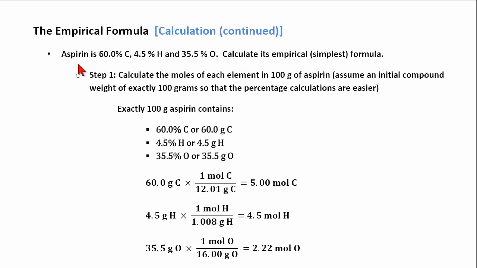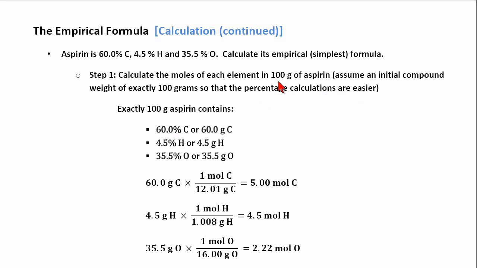Let's take a look at one last example. Aspirin is 60% carbon, 4.5% hydrogen, and 35.5% oxygen. Calculate its empirical formula, the simplest formula. So we're going to calculate the moles of each element in 100 grams of aspirin. I'm going to assume an initial weight of 100 grams, so that the calculations involved are easier.